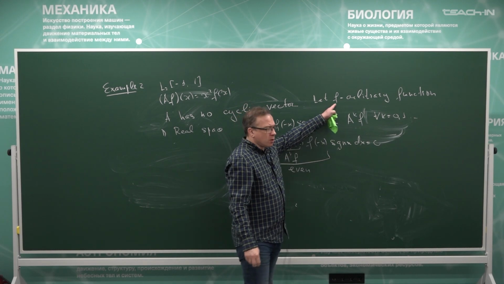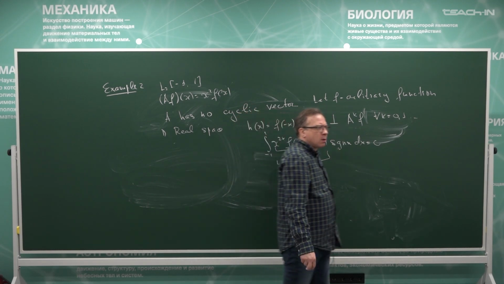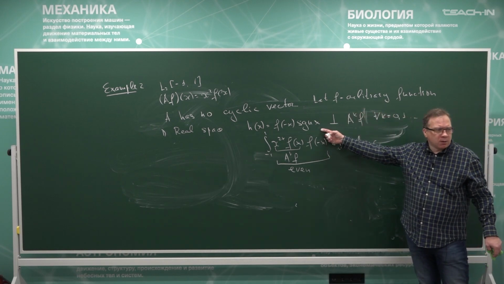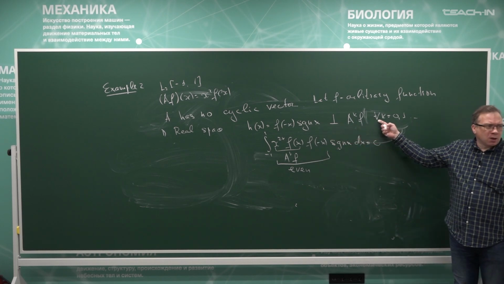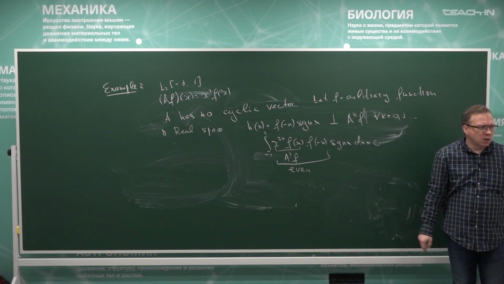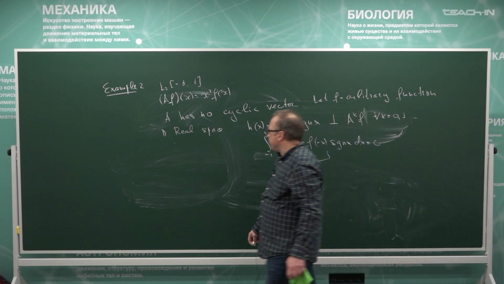So for any function which you can take as a cyclic vector, you immediately construct a vector which is orthogonal to all powers. So the linear span of all powers is not dense, because we have an orthogonal vector.